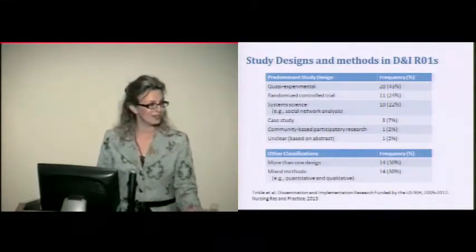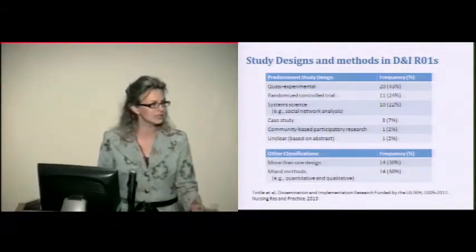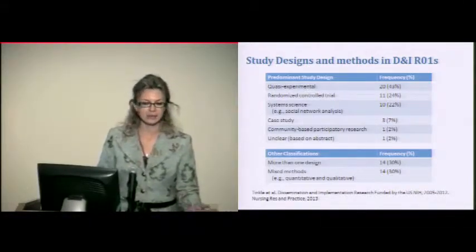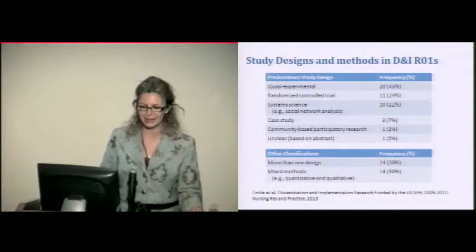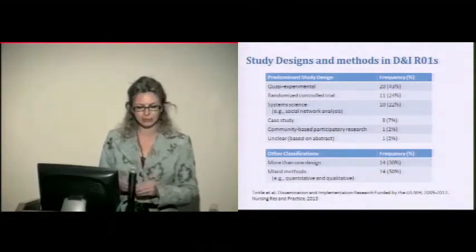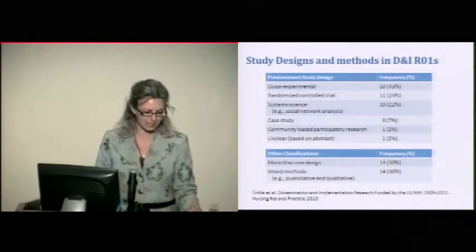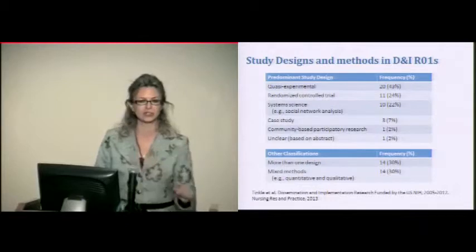System science had a very large number, which is really nice to see, especially as they list social network analysis here. There were some case study approaches, CBPR, and some were unclear. Then there were a number of studies that had multiple study designs included, and again, a number of studies used mixed methods. And this is over 46 abstracts, just to remind you.